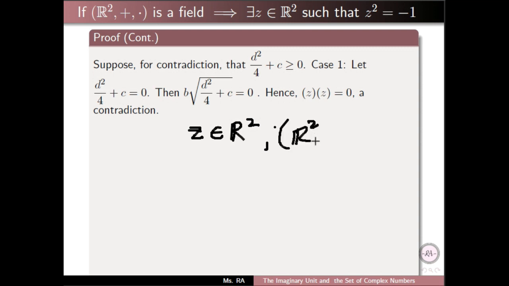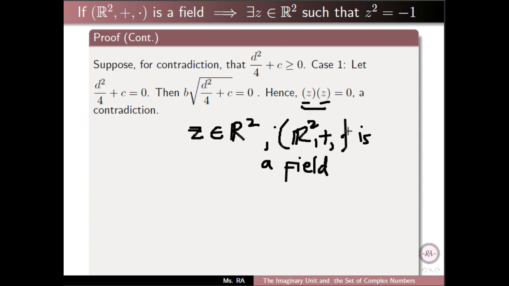Why? Because we assume that z is an element of R squared, and we assume that R squared equipped with this vector addition and a certain type of multiplication is a field. Now recall that we have a theorem before we deal with the proof that a field doesn't have a zero divisor.